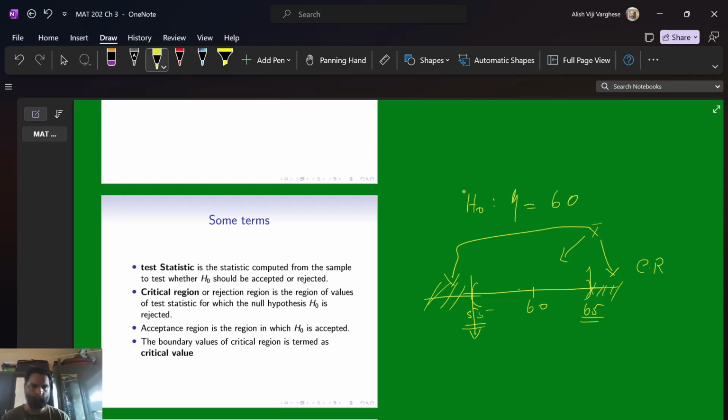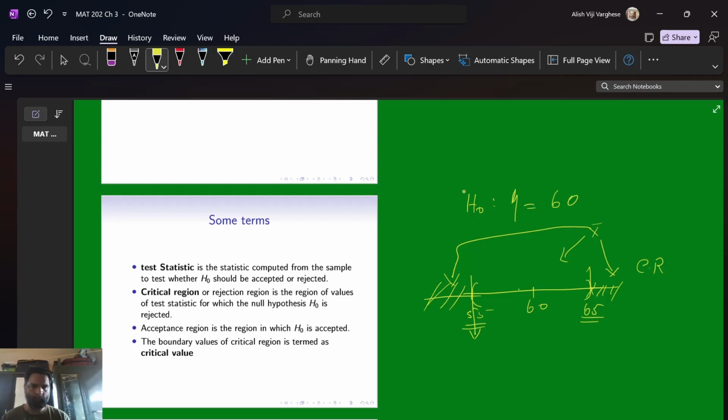Here, this 55 and 65 are just two values I gave, and they don't have any relation with the probability or distribution of the statistic or distribution of the population or the level of significance or something like that.